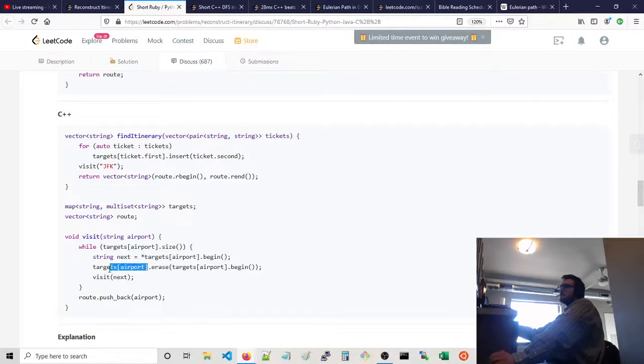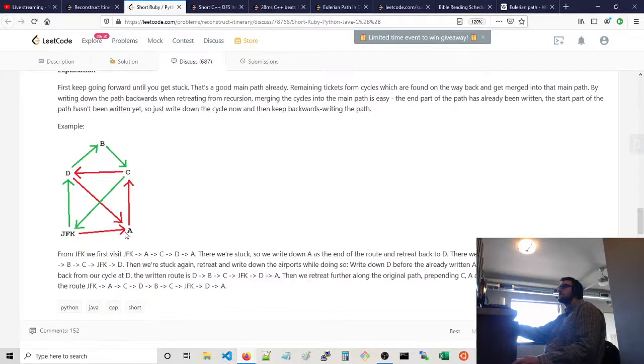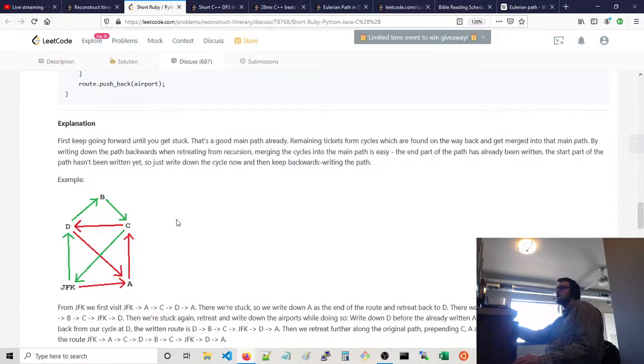So now he's saying at some point you're going to get stuck, right? Let's say before we get stuck, we kind of dig in. We have a cycle: JFK, A, C, D, and these things are all going to be written backwards. And then back to A, right?